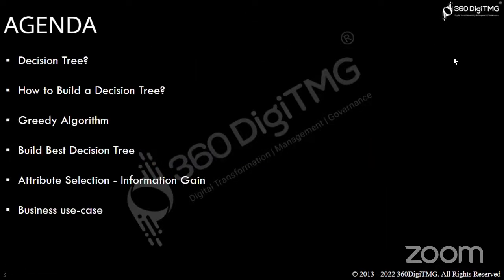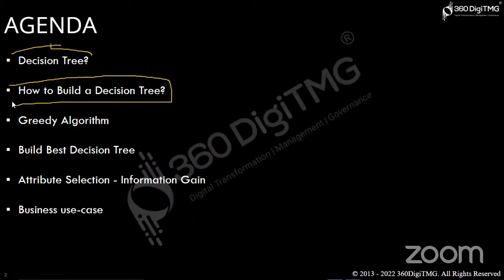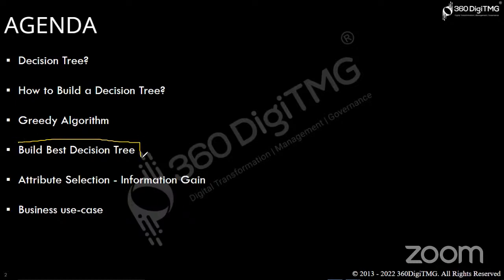Today we are looking into the decision tree. We will look into what a decision tree is, what this model is, how we are going to build this model, and on what basis. We have an algorithm known as the greedy algorithm, so we are going to look into that also. We will look at how to build the best decision tree.